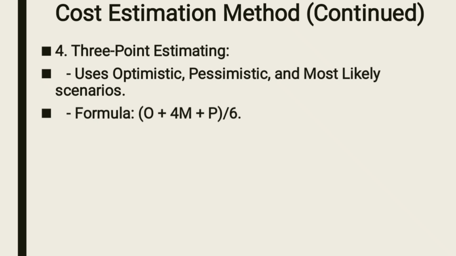So this one we are saying that it is optimistic cost plus 4M, where M is the most likely cost, right? Plus P, that is the pessimistic cost, right? So that is what we need to understand on that one.